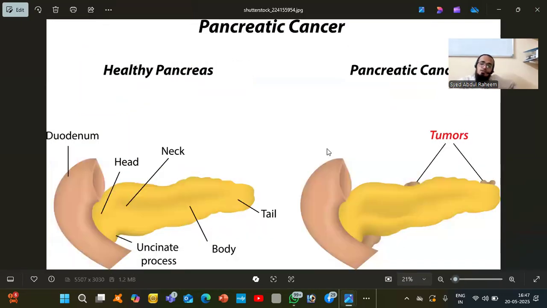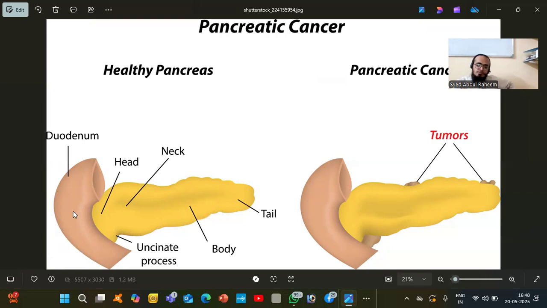Next, the common disease seen in most of the cases in the pancreas, that is carcinoma of pancreas. It is a tumor, okay, cancer in the pancreas. And the most common cancer area is the head.